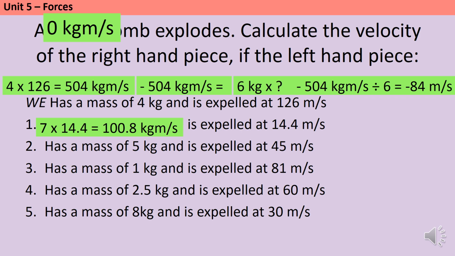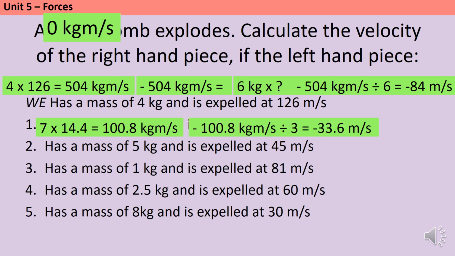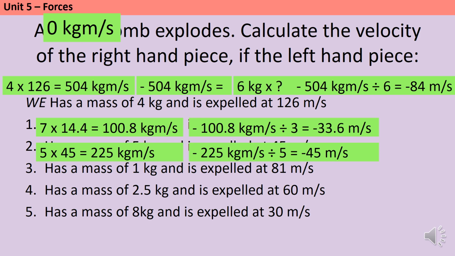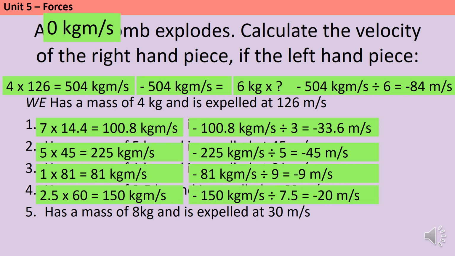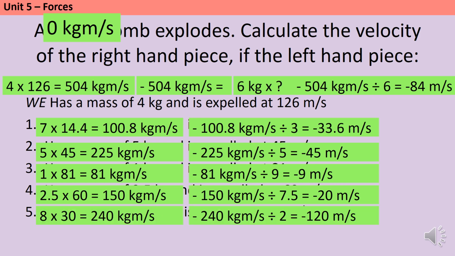So then the right-hand piece will have minus 100.8 kilogram meters per second, and we're going to divide it by 3 because 10 take away 7 is 3, and that gives us minus 33.6 meters per second. You should then get minus 45 for question 2, minus 9 for question 3, minus 20 for question 4, and minus 120 for question 5. All of your final answers should be negative numbers.